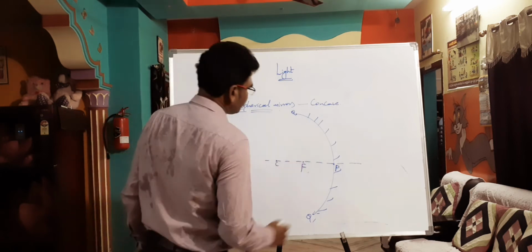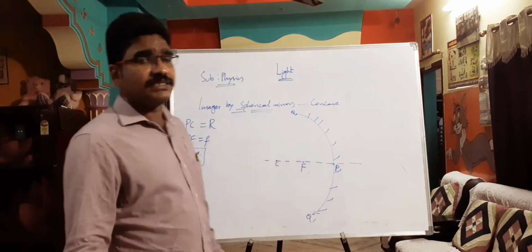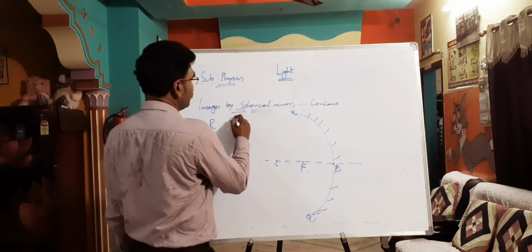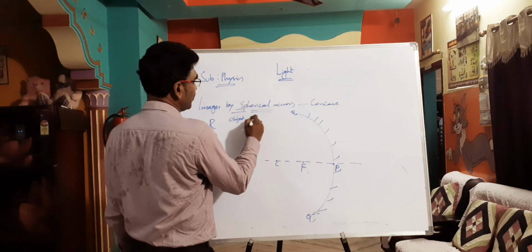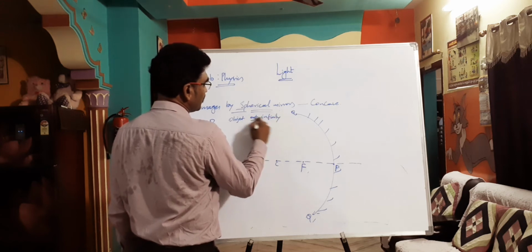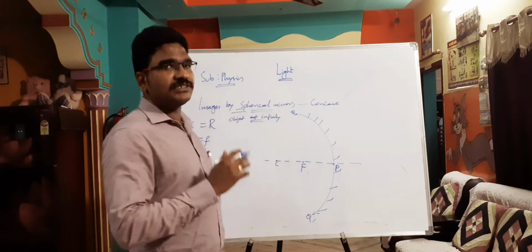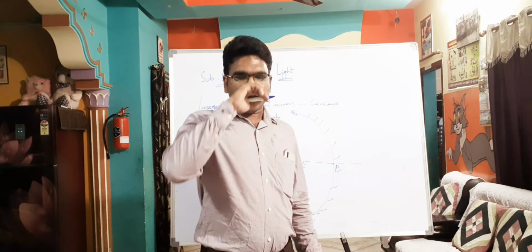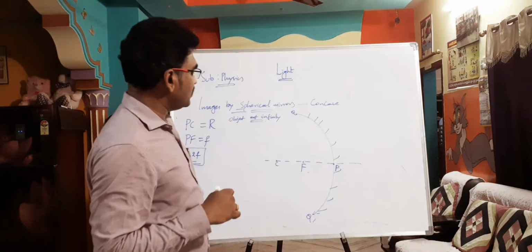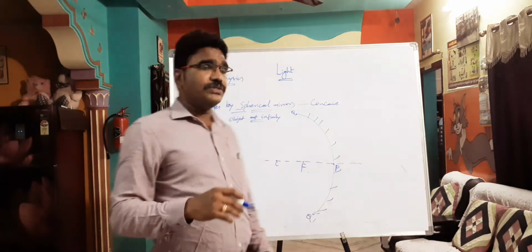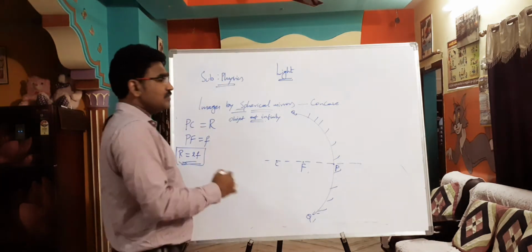Now I'll put the object at different positions. For example, object at infinity. Object at infinity means the object is very far from the spherical mirror. At that time, how the images are formed, we are going to discuss now. When the object is very far, we take the incident rays parallel to each other.